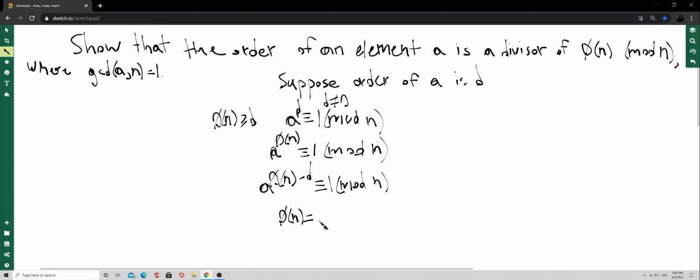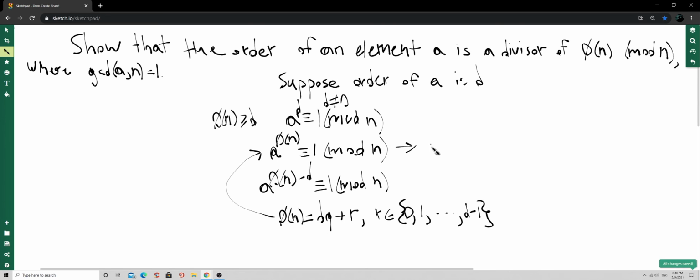So we have phi of n is equal to d times some q plus some remainder r, where r is a member of the following set: 0, 1, all the way to d minus 1. Okay, well, let's plug this back into Euler's theorem.